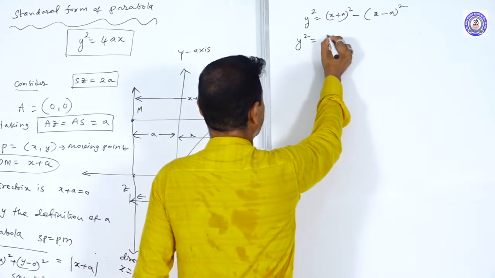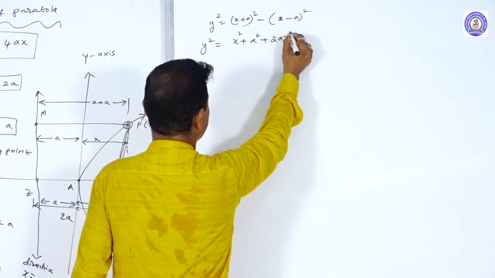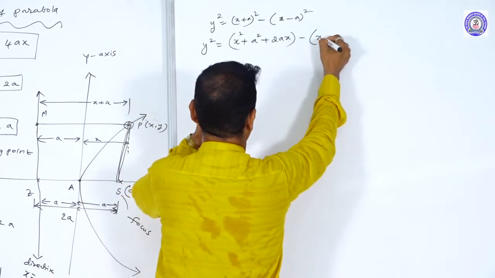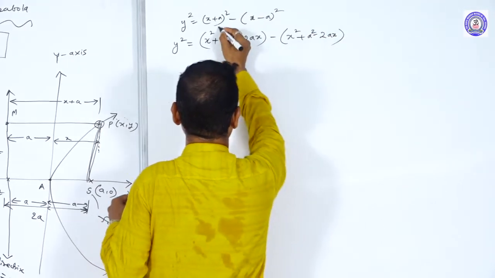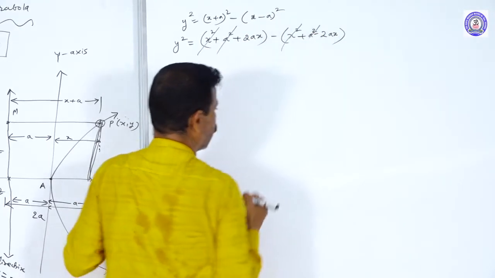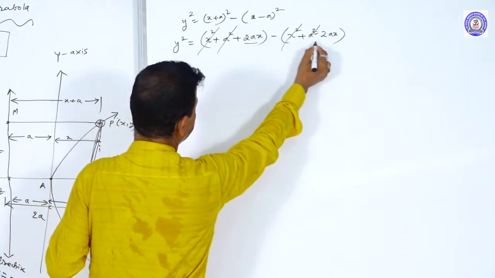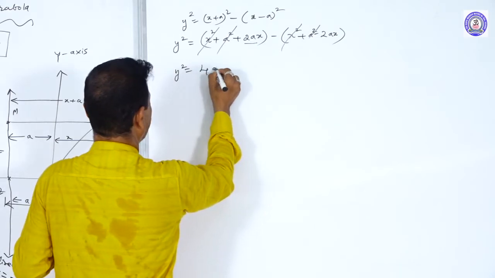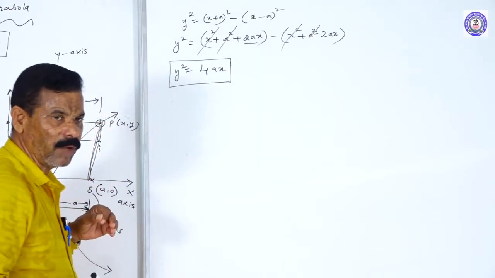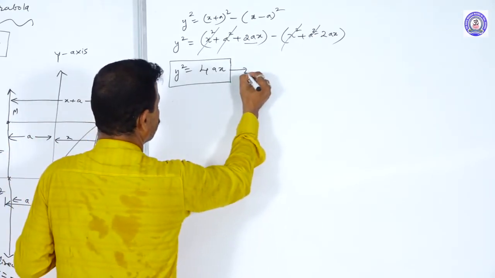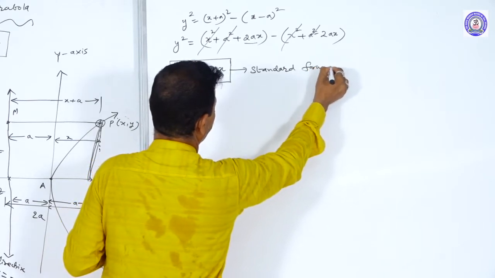On expansion, y square is equal to x square plus a square plus 2ax minus x square minus a square plus 2ax. So here x square and a square cancelled. Next, y square is equal to remaining plus 2ax plus 2ax. Totally 4ax is coming. This is the standard form of the parabola.